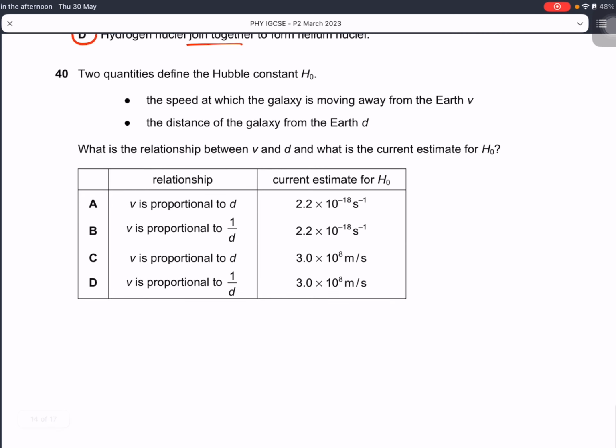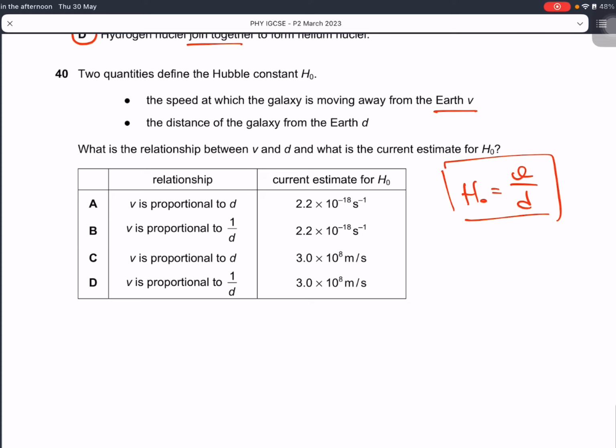Two quantities define the Hubble constant, everyone. So what are they? The speed at which the galaxy is moving away from the Earth, which is called recession velocity or speed. The distance of the galaxy from the Earth, exactly. So simply H0 equals recession velocity divided by distance. This is the formula.